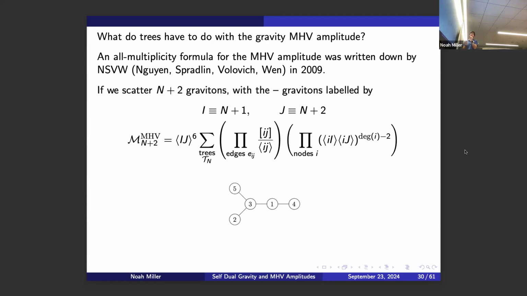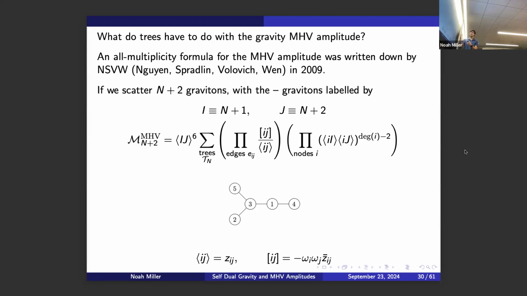Their formula writes the MHV amplitude as a sum over all trees of the positive helicity gravitons. In other words, they should just be trees with the maximum number of nodes. Anyway, they're summing over these trees with positive helicity gravitons, and here they have these factors with the spinor helicity formalism.